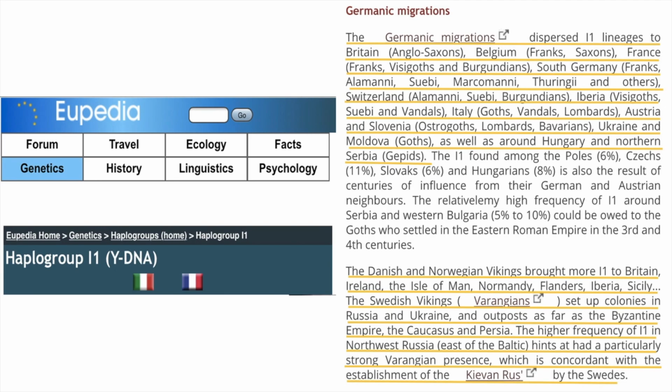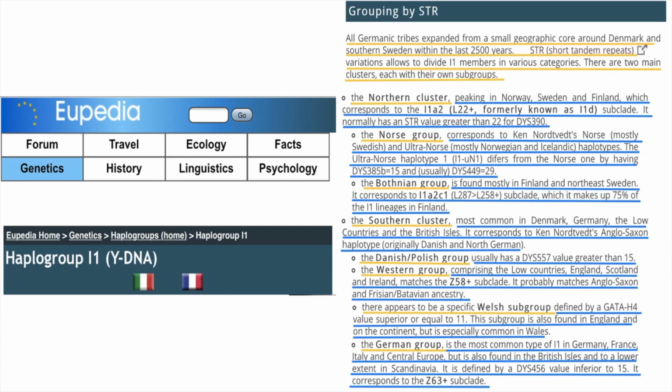The higher frequency of I1 in northwest Russia, east of the Baltic, hints at a particularly strong Varangian presence, which is concordant with the establishment of the Kievan Rus by the Swedes.